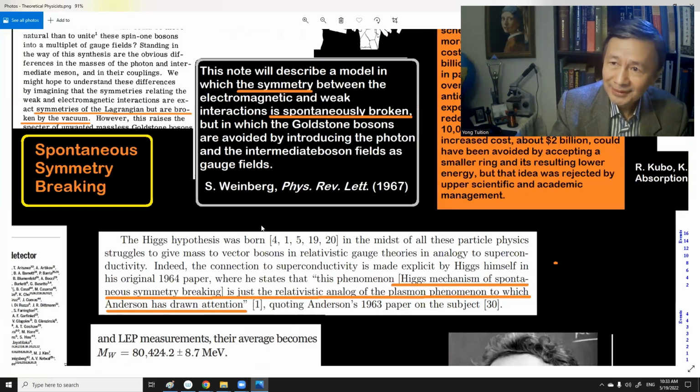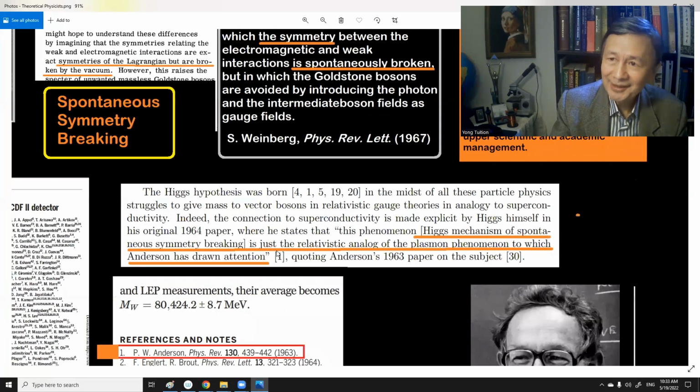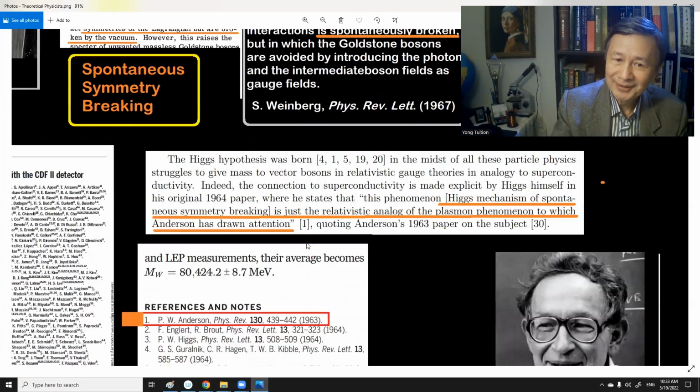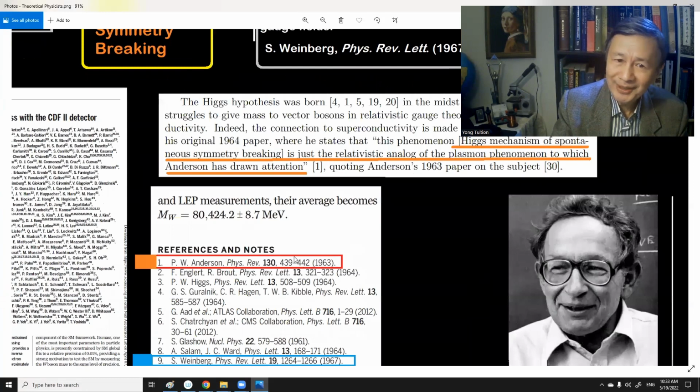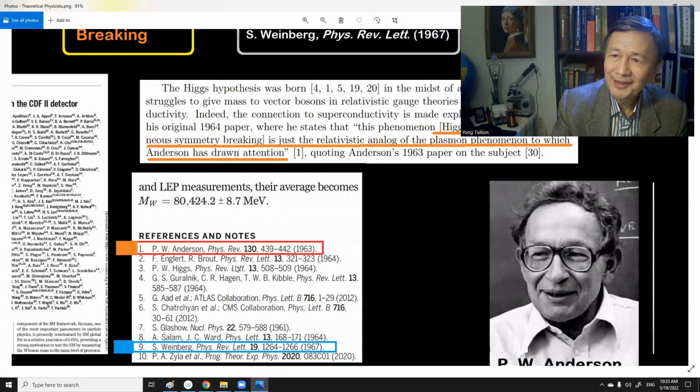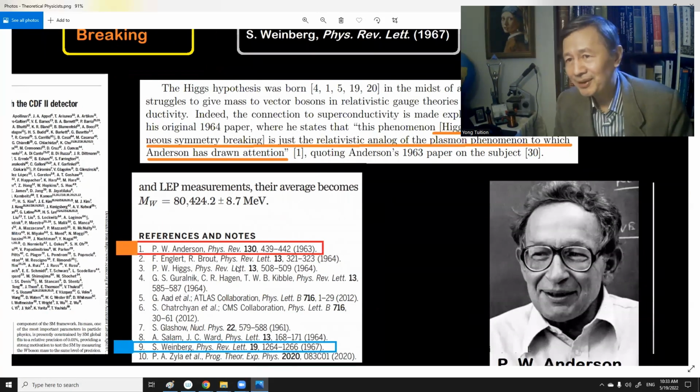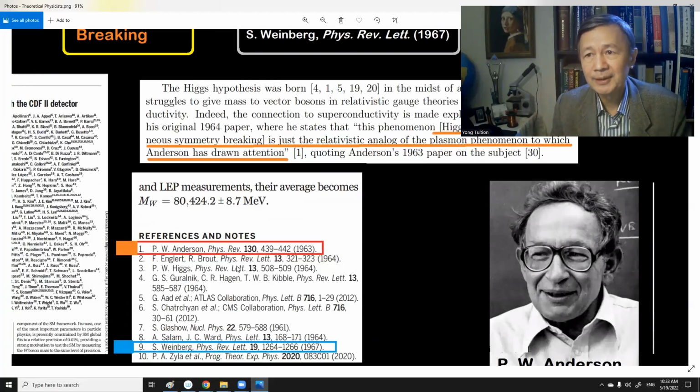So Higgs said so, Higgs wrote so. That's one reason that Anderson's paper was used as the first reference in this paper.